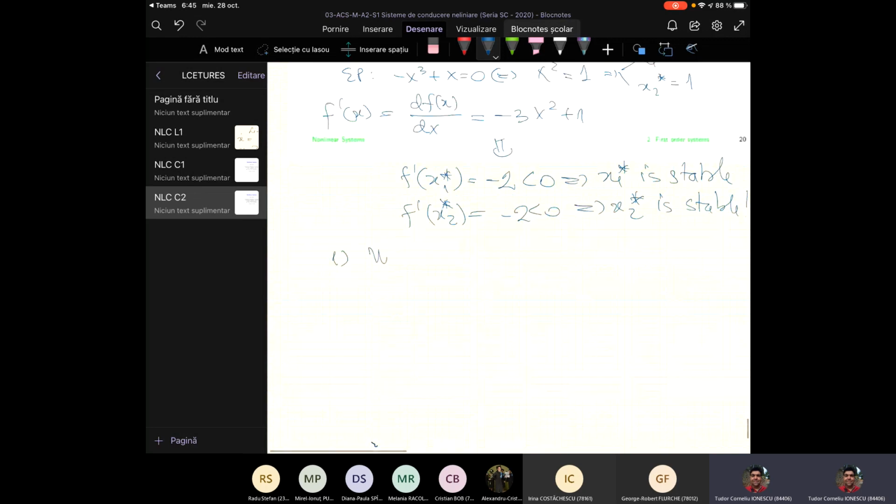One is to use the f of x plot and see who's an attractor and who's a repulsor.